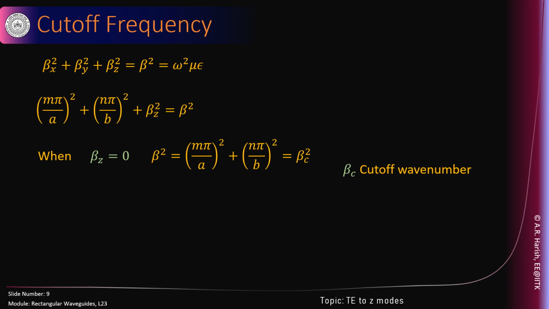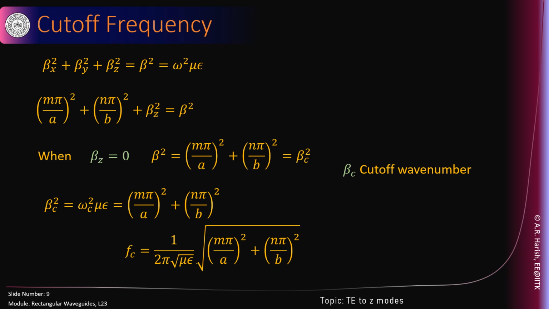This is a very important parameter of a waveguide. It depends on the values of a and b, the dimensions, and m and n, the indices representing the particular mode of the waveguide. Now, once beta c is known, beta c square is omega c square mu epsilon, and we can compute fc, which is known as the cutoff frequency.